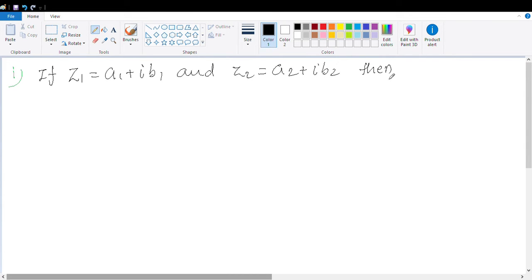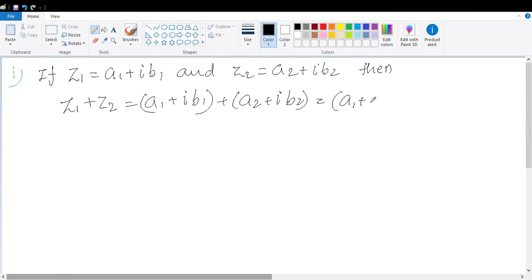Then their addition is defined as Z1 plus Z2 equals a1 plus i b1 plus a2 plus i b2, which is a1 plus a2 plus i times b1 plus b2. This means when we want to add two complex numbers, the real part is added with the real part and the imaginary part is added with the imaginary part.